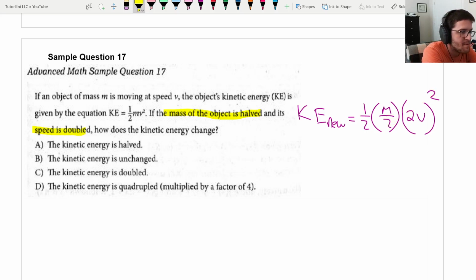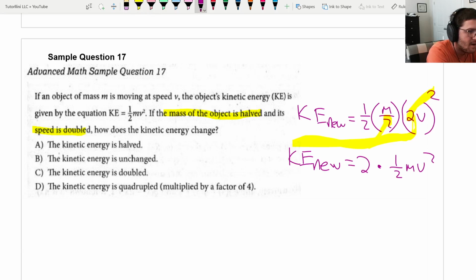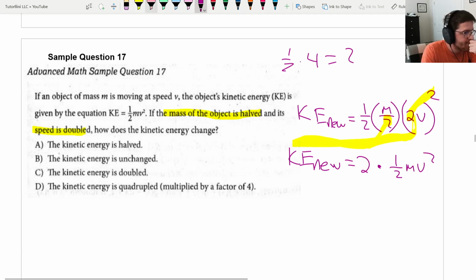So we're going to put a 2 out in front. And everything else is the same. This guy had no exponent, so we just pulled out a 1/2. And this guy was 2 squared, so we pulled out a 4. 1/2 times 4 is 2. That's where that all came from.